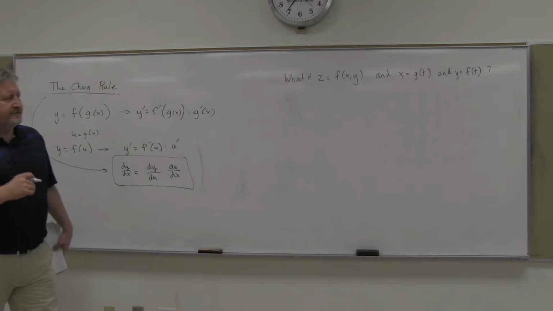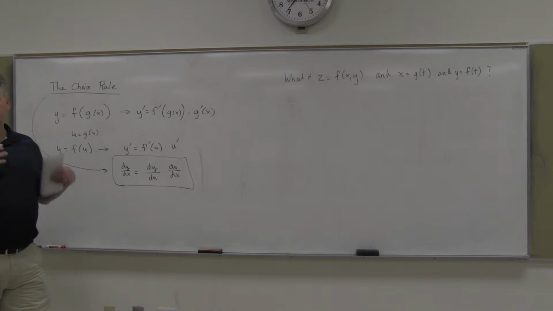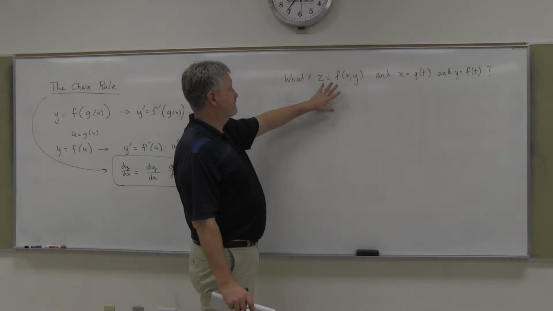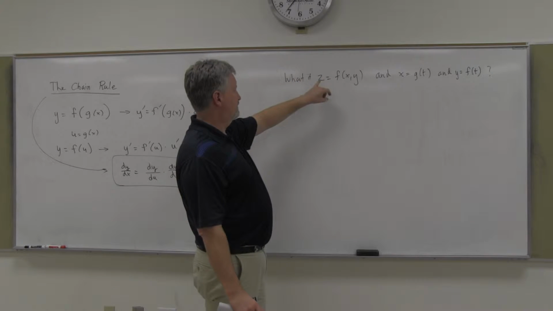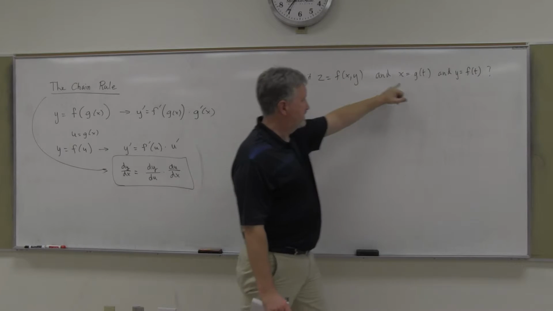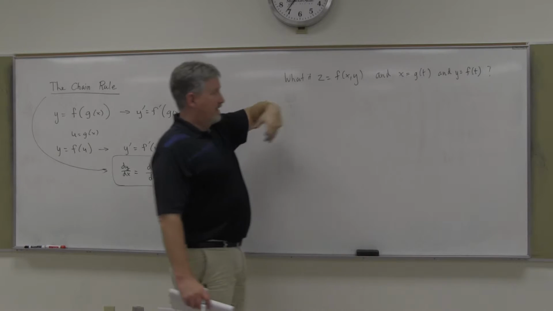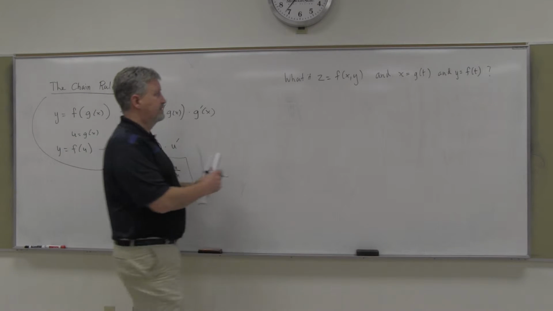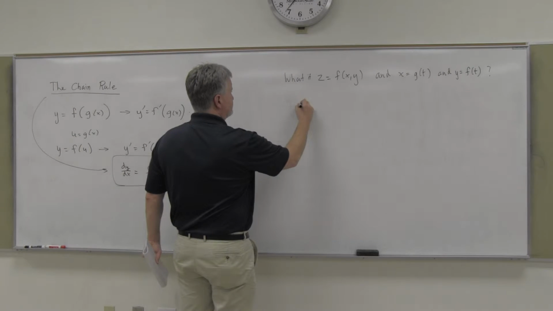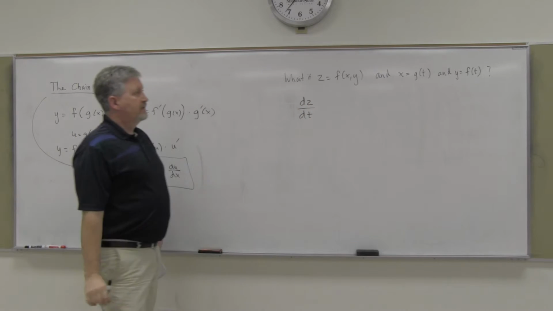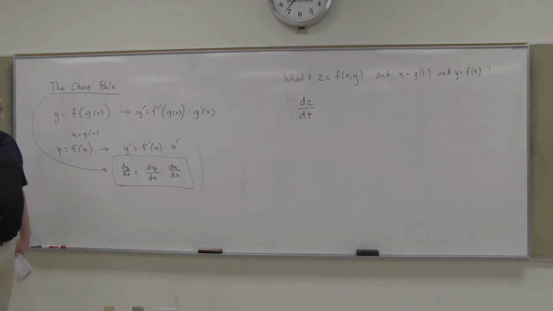Well, more or less, we could very well write it out, but since z is a function of x and y, and x and y are functions of t, I can think about the derivative of z with respect to t, can't I?